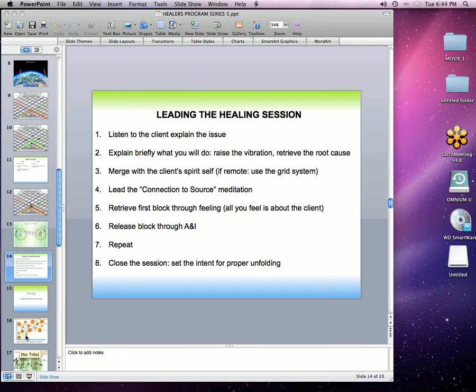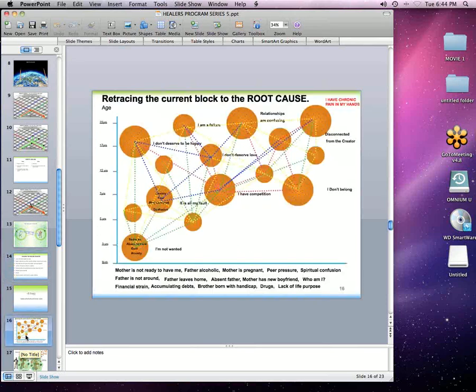Remember this? Maybe in the first session you're going to do 3 or 4 or 5 bubbles, and you're going to release all these yellow strings and green strings, but then you have all the rest that stays there, and so you intend for the rest of it to continue to unfold. Everything through intent.